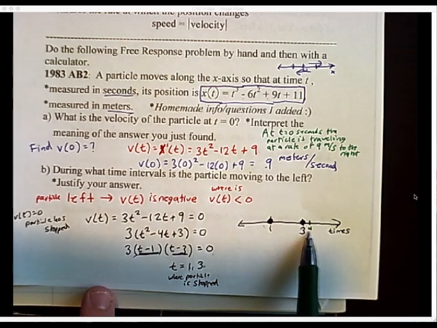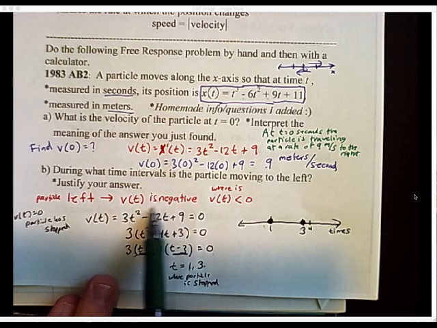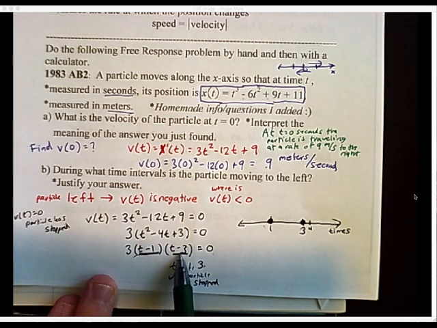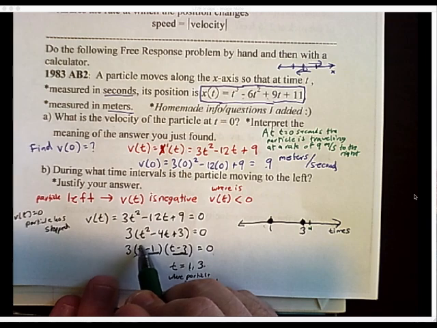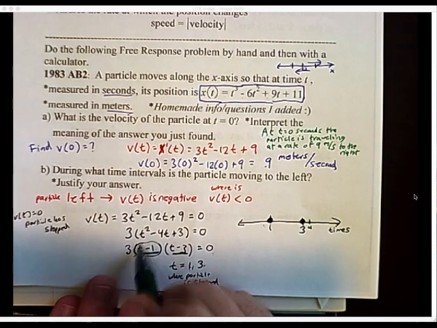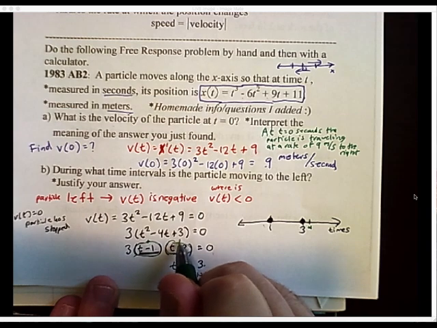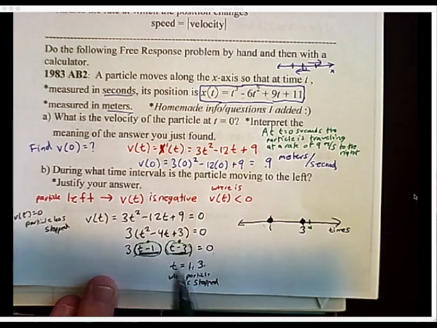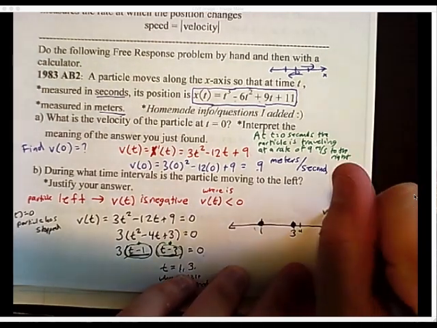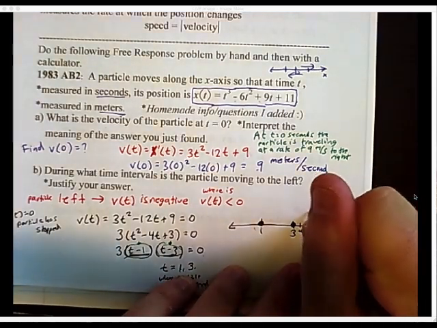If I plug in 4 into this thing, or you can do it from this factored version, 4 minus 1 is 3, and 4 minus 3 is 1. The number really doesn't matter, but I know that 4 minus 1 is a positive, and 4 minus 3 is another positive. 3 times a positive would give me a velocity that's positive.